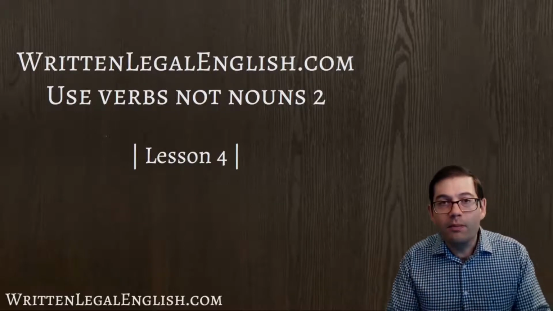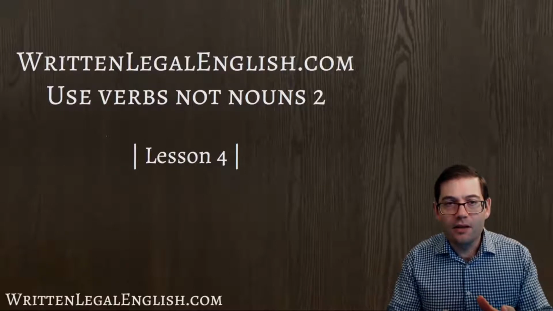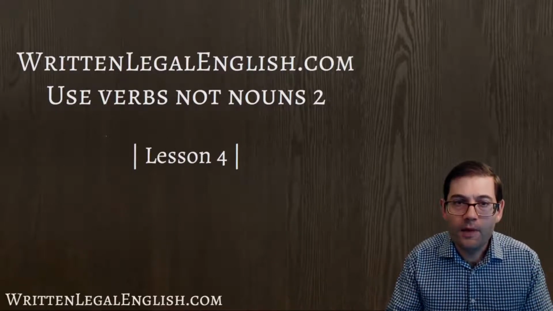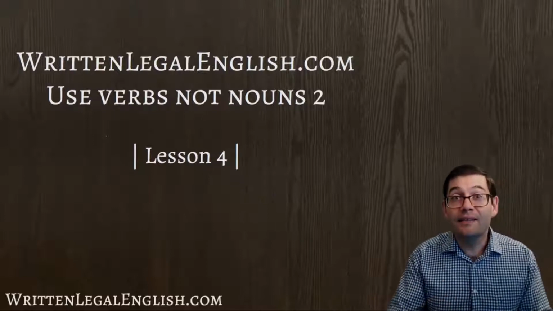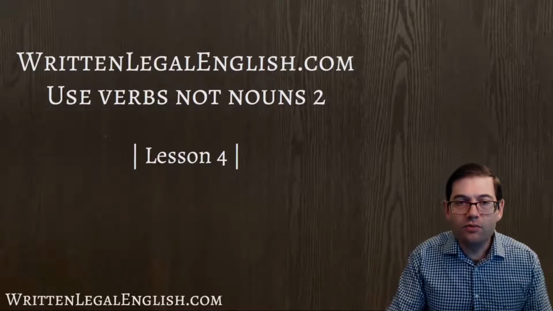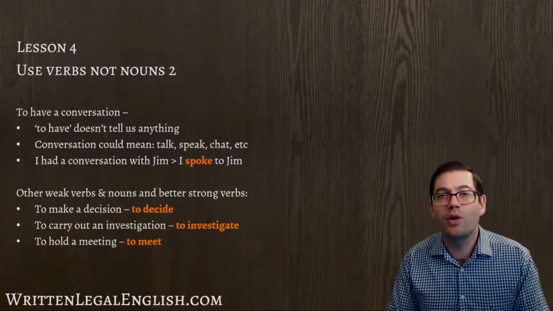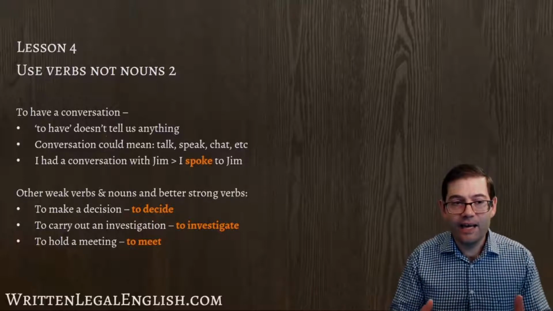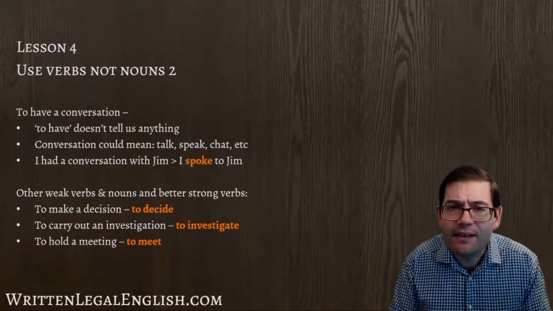Now, a weak verb is used in the sentence, but it doesn't tell us anything about the action. And the action is hidden in the noun. Now, we've seen this already. We've seen the expression to have a conversation. To have, it doesn't tell us anything.